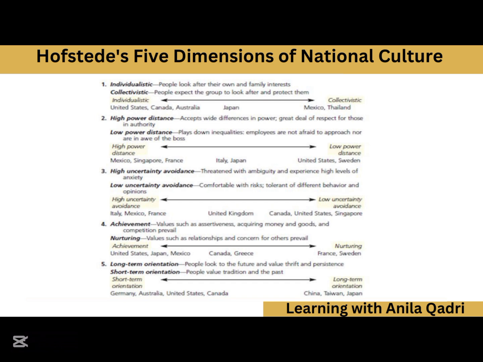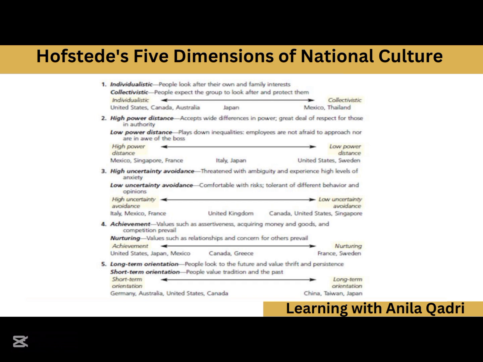High uncertainty avoidance: threatened with ambiguity and experience high levels of anxiety. Low uncertainty avoidance: comfortable with risk, tolerant of different behavior and opinions. Achievement: values such as assertiveness, acquiring money and goods, and competition prevail.